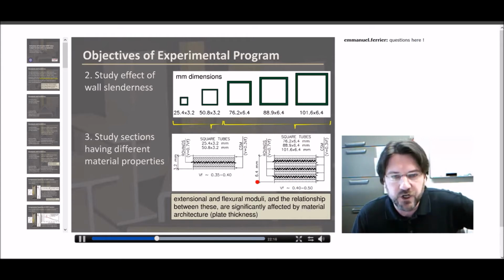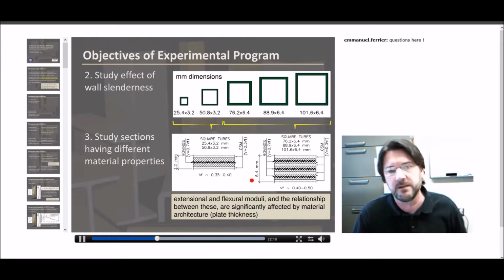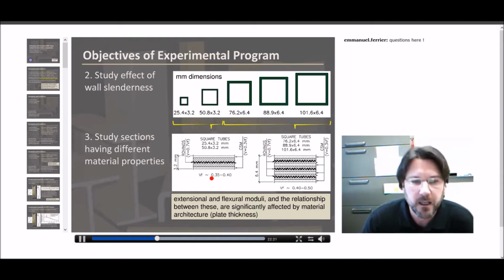But the architecture of these walls is very, very important. Because what we're interested in when we're talking about compressive behavior is not only the axial or extensional modulus, E times A, but also the flexural modulus, E times I. And while E times A is proportional, we can talk about simply the fiber volume ratio for either of these architectures.